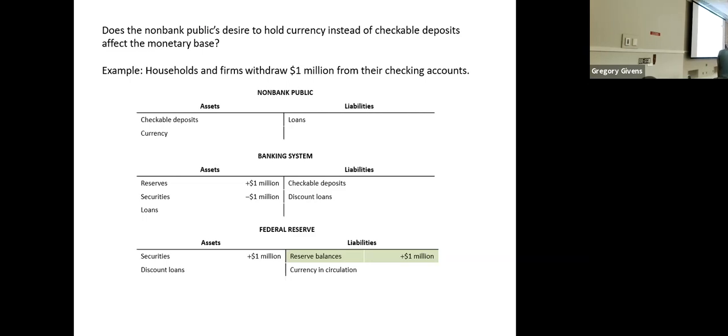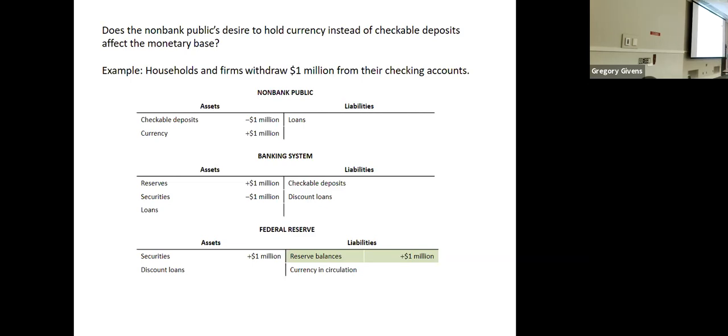Well, our checkable deposits are going to decline by $1 million, right? But we're going to have $1 million more now in actual currency. And so what is the net effect on assets for the non-bank public? It is zero. There's no change in our liabilities, and so the balance sheet balances here.